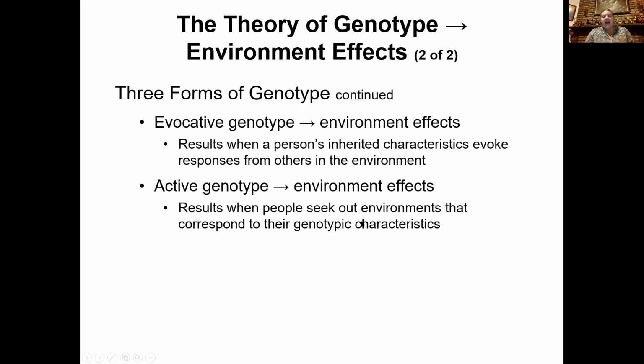The last one is active genotype, environment effects. This results when people seek out environments that correspond to their genotype characteristics. For example, if I hated to read, hated books, hated to do anything academic, I would probably not want to work in academia, or I wouldn't want to go to college.